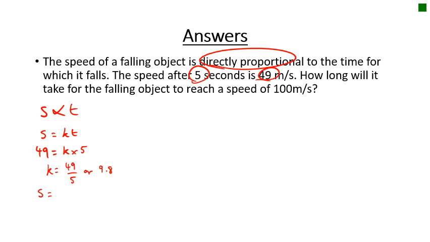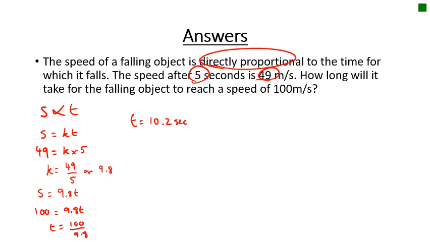So I've got S equals 9.8 lots of T. We're looking for the time, so we know that the speed is 100 meters per second. So therefore T must equal 100 divided by 9.8, and T will equal approximately 10.2 seconds.